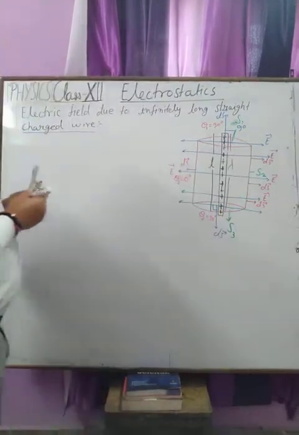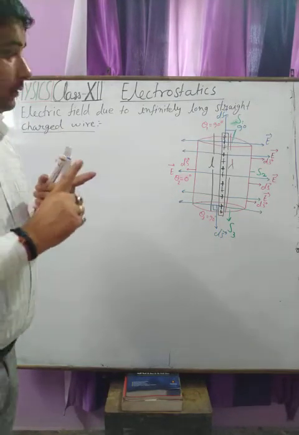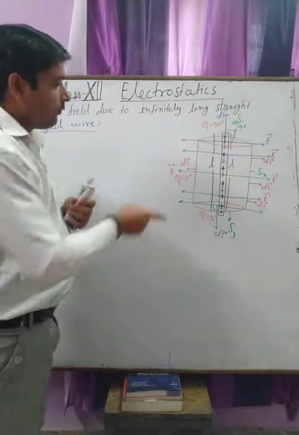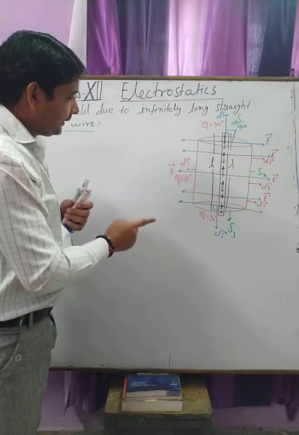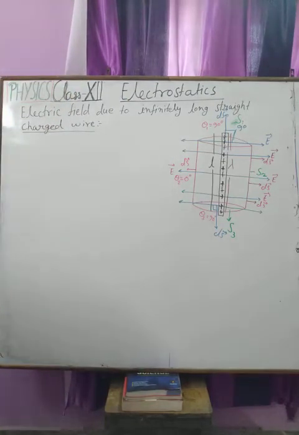Now in the figure I am showing you the direction of electric field and area vector for all three surfaces and the angle between them.